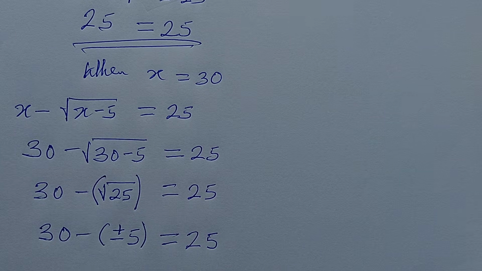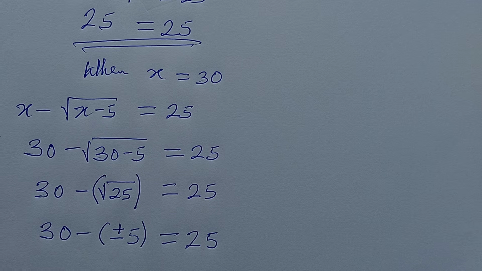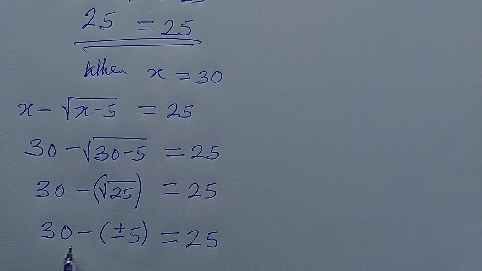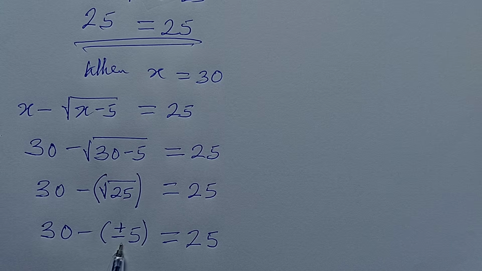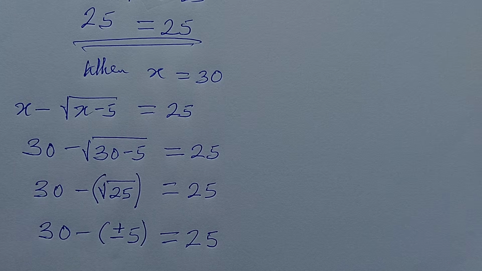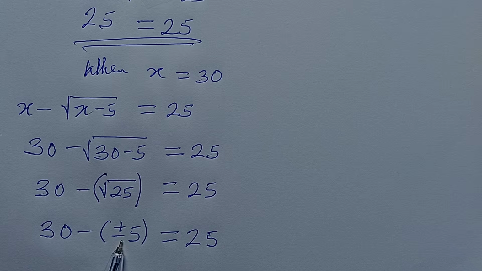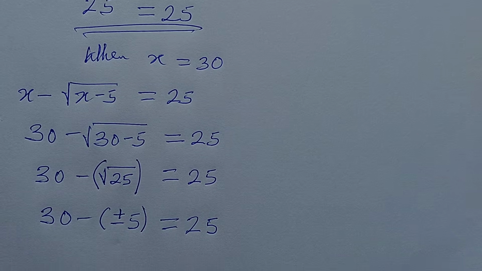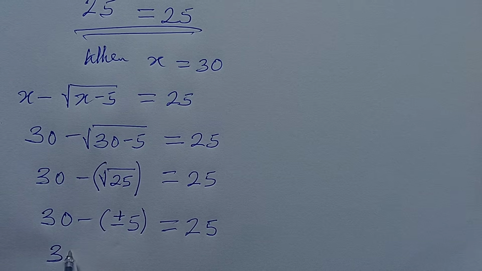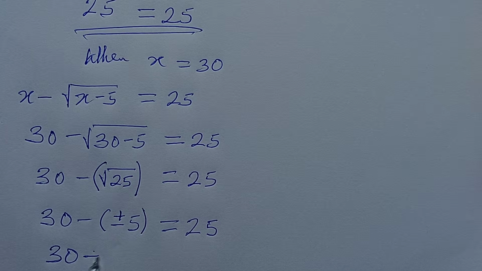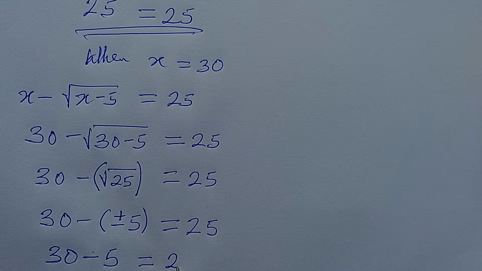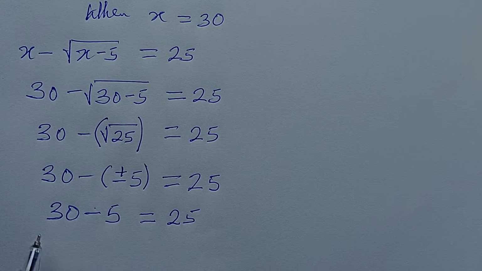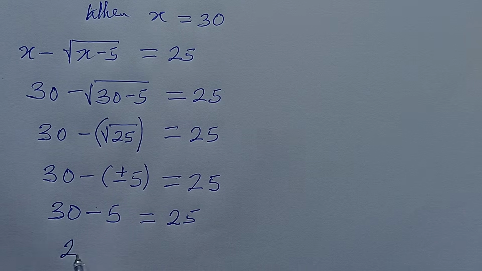Now, if we follow the same rule, if we take the negative, negative times negative gives us plus, and that gives us 35. And so we discard the negative and take the positive. If we take the positive, this gives us 30 plus, and minus times plus gives us minus, so 30 minus 5 gives us 25.